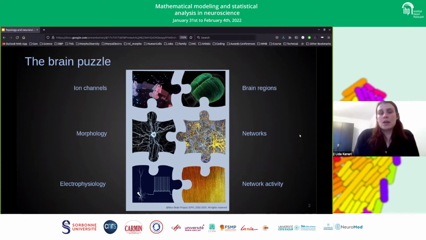These neuronal morphologies create dynamical properties such as the electrophysiological traces that we can see. Together they form brain regions that create the dynamical properties of larger networks. And eventually they give rise to the network activity that we observe in the brain.